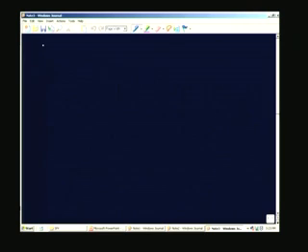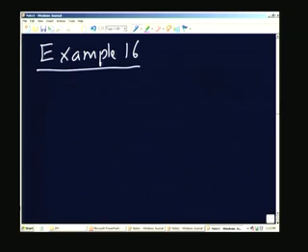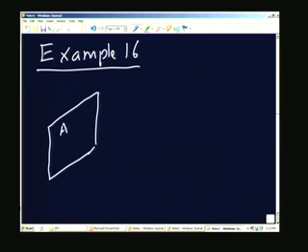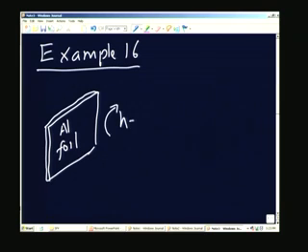This is example number 16, which I am going to indicate by looking at a simple case. I have a small foil type sensor. This is an aluminum foil with a small thickness, and it is subjected to a heat transfer coefficient of 50 watts per meter squared degree Celsius.